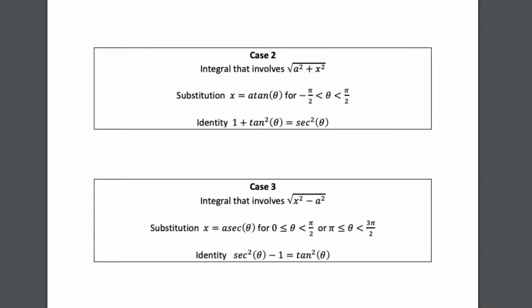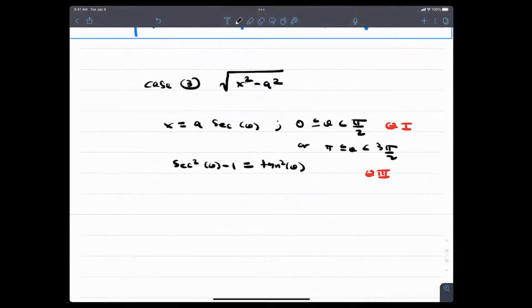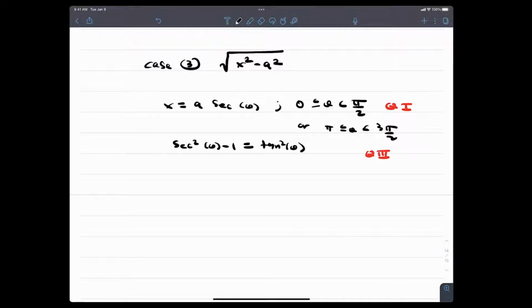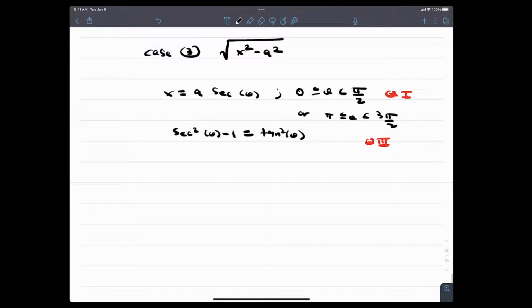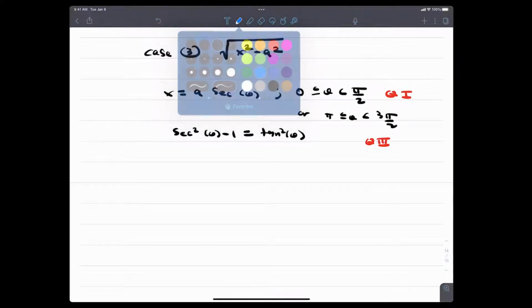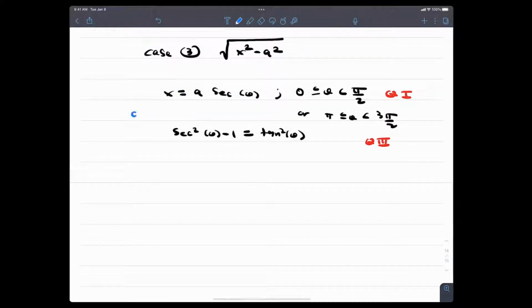Okay, now the identity they want us to use will be secant squared theta minus 1 equals tangent squared theta. All right, so I'm just writing this information down. And remember, if they say it this way, that means that dx will be the derivative of secant, and that's secant tangent, right?